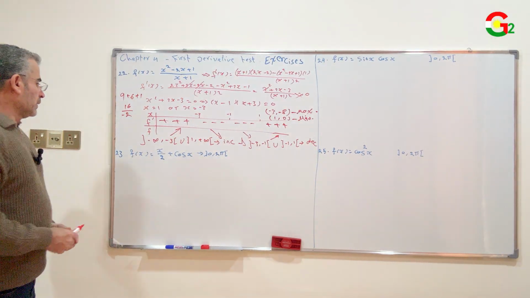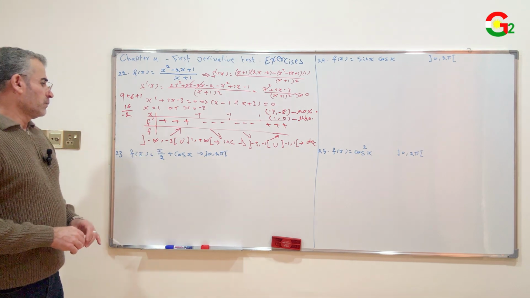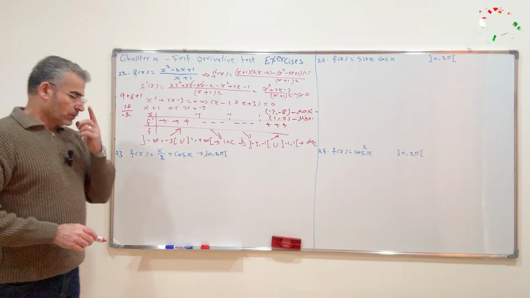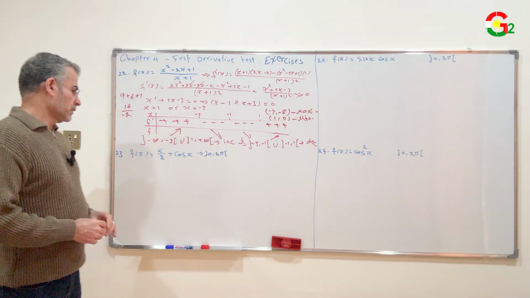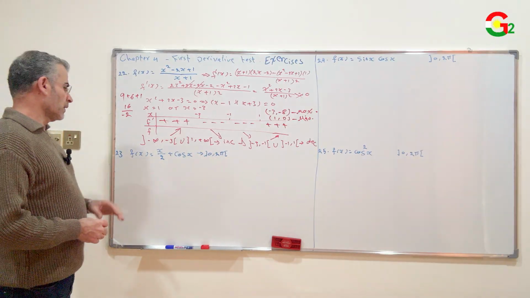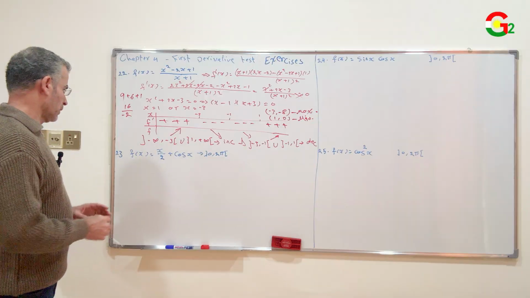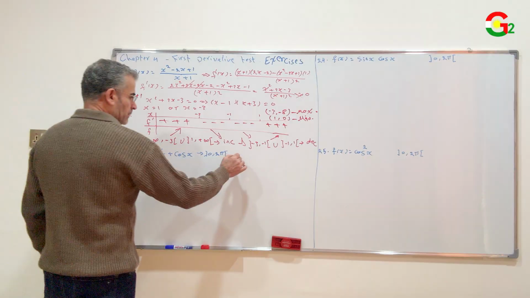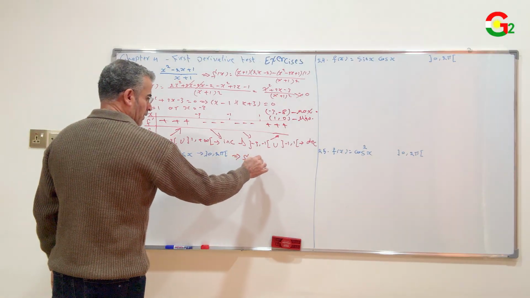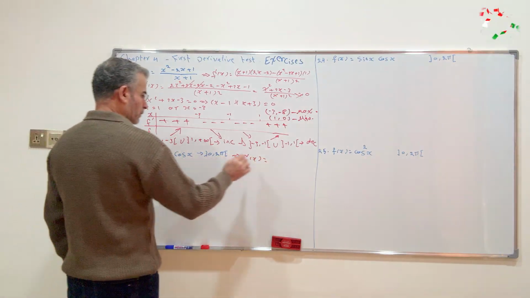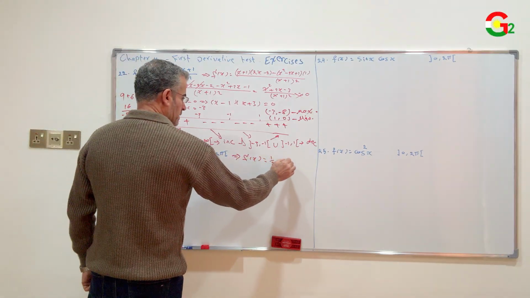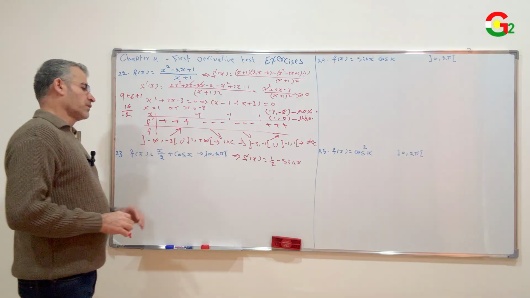Question number 23, f of x equals x over 2 plus cosine x, in the interval 0 to pi. Find the critical points, increasing and decreasing intervals, and maximum and minimum local points, extremum. F prime of x equals 1/2 minus sine x, the derivative of cosine x.